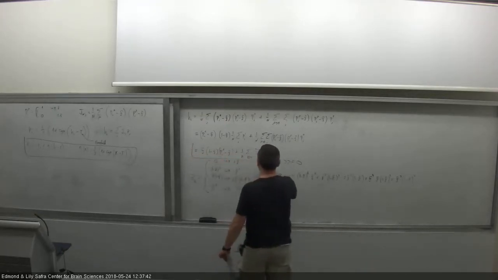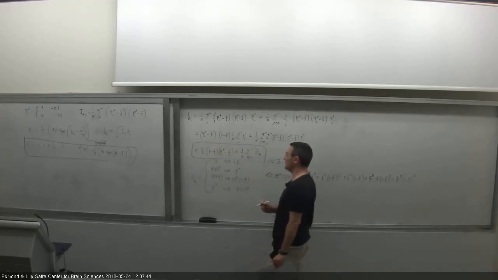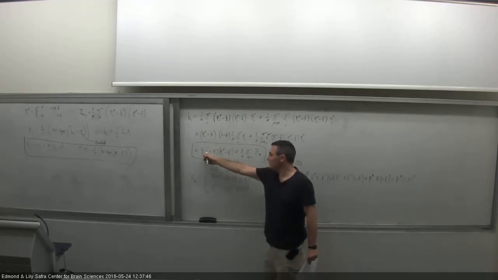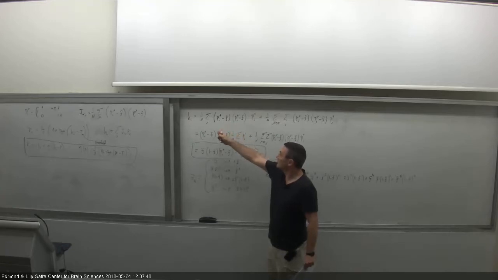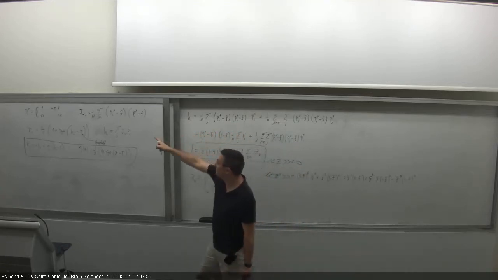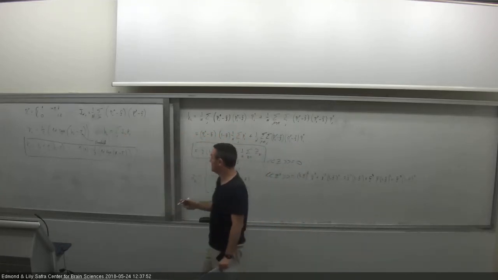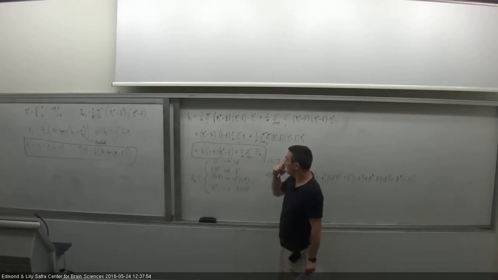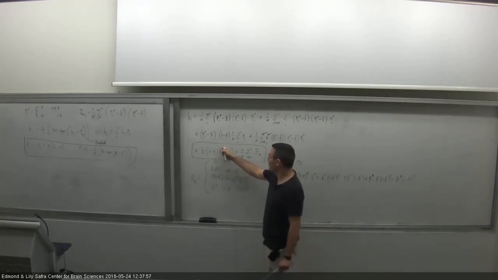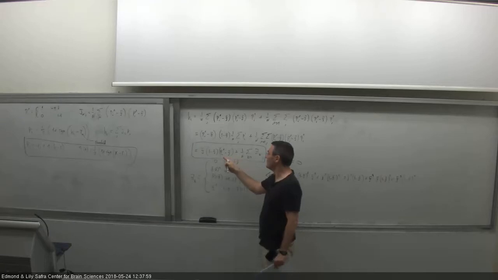There are two components to this term. One component comes from mu being equal to 1 in the memory pattern. And you can see that when pi1 is positive, this term is larger than when pi1 is equal to 0.